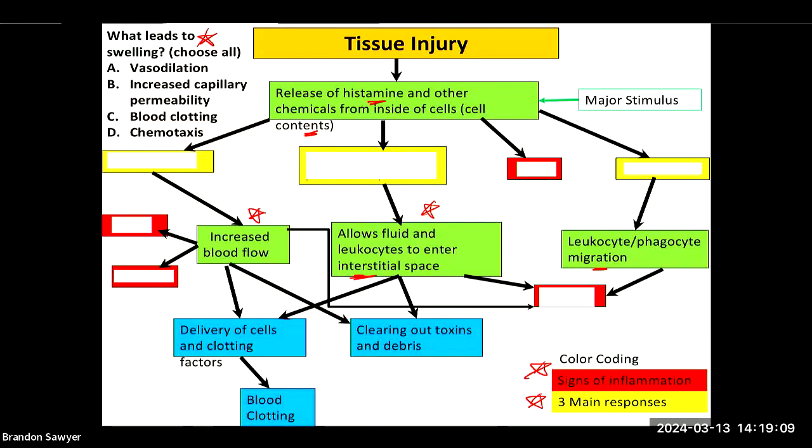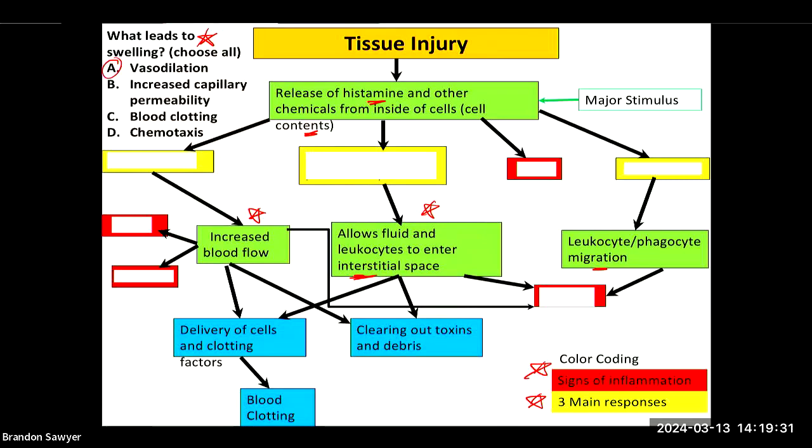About 5 more people, it looks like. Go ahead and hit the send button if you haven't yet. Good, I'll leave it open for a sec just in case. Most of you are saying A, B, and D, and then about a third of you are also adding C in there. So which leads to swelling?